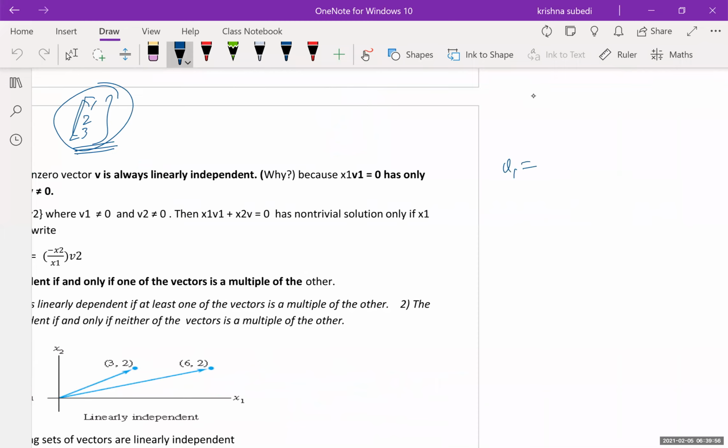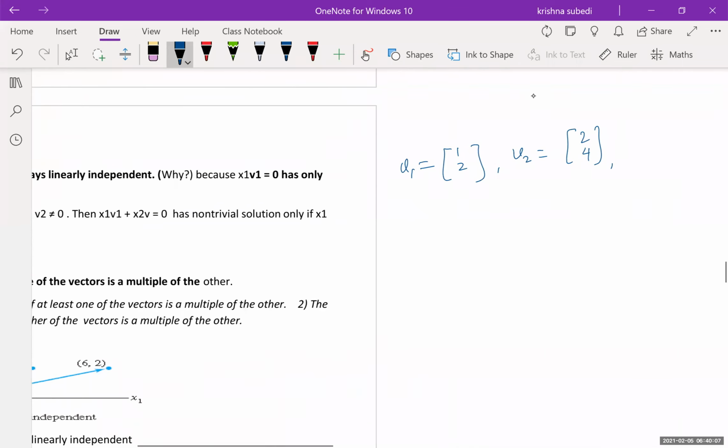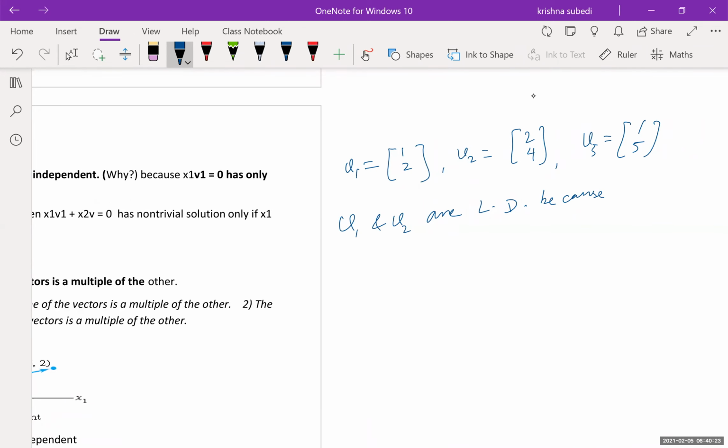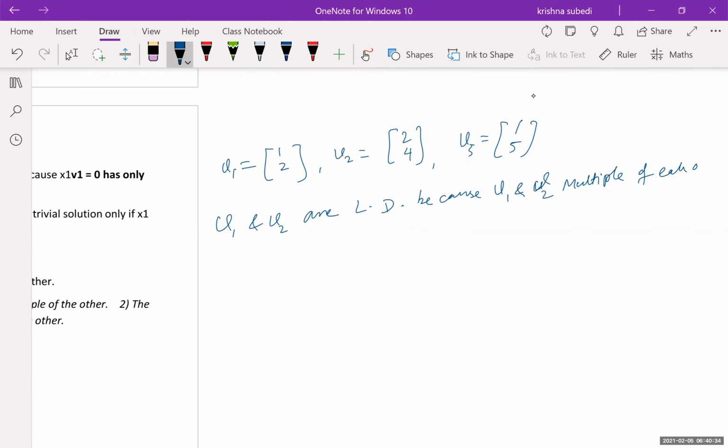Suppose V1 is 1, 2, and V2 is 2 and 4. And let's say V3 is 1 and 5. Now, V1 and V2 are linearly dependent because they are multiples of each other.